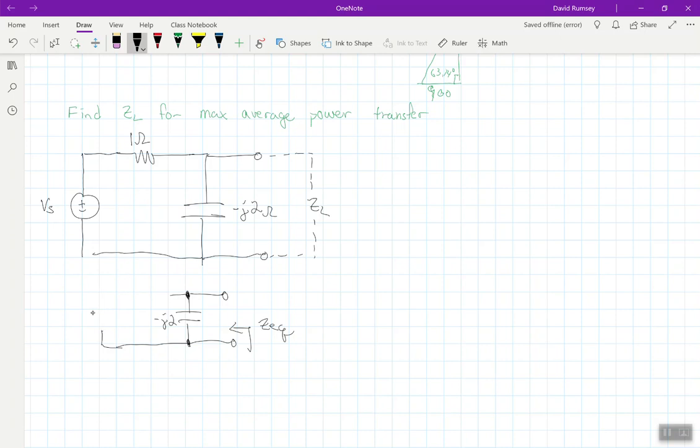And in fact, what we can do here is bend that resistor over, the 1 ohm resistor, and we can see the resistor and the capacitor are actually in parallel.